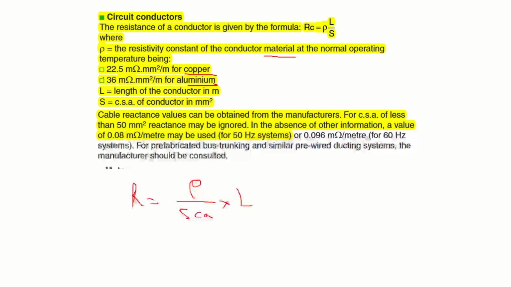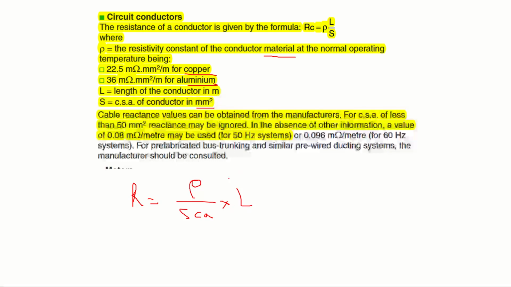Copper is 22.5 milliohm square millimeter per meter, and for aluminum it is 36 milliohm square millimeter per meter. So to get the resistance, we take rho over the cross-section area, which is in square millimeters, times the length, which is in meters.